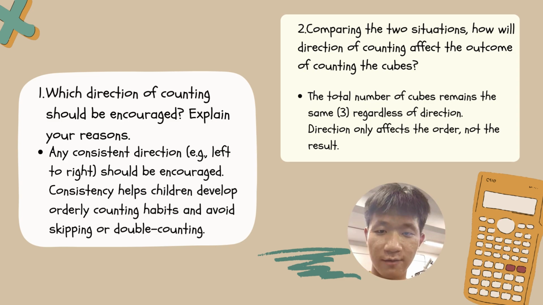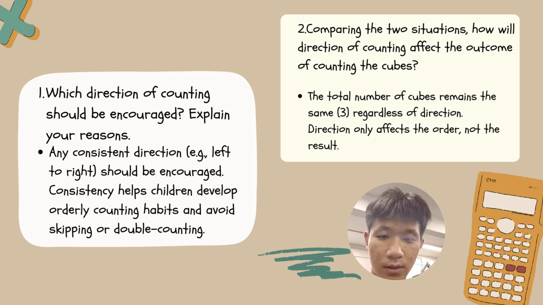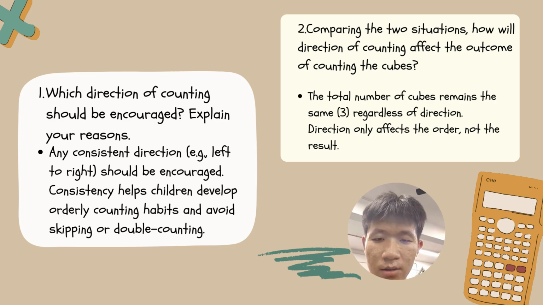Which direction of counting should be encouraged? Explain your reason. Any consistent direction, for example, left to right, should be encouraged. Consistency helps children develop an orderly counting habit and avoid skipping or double counting.